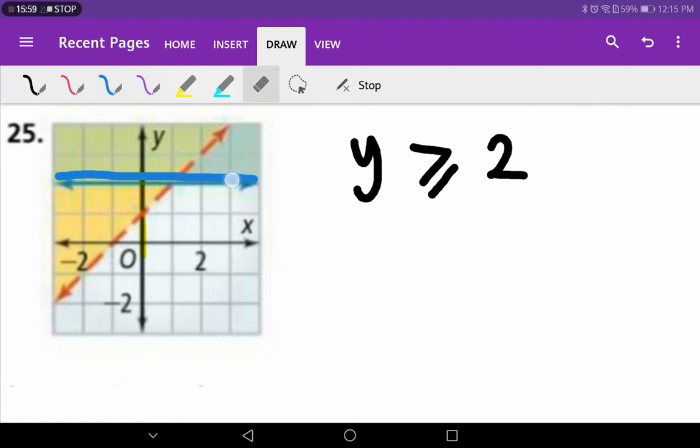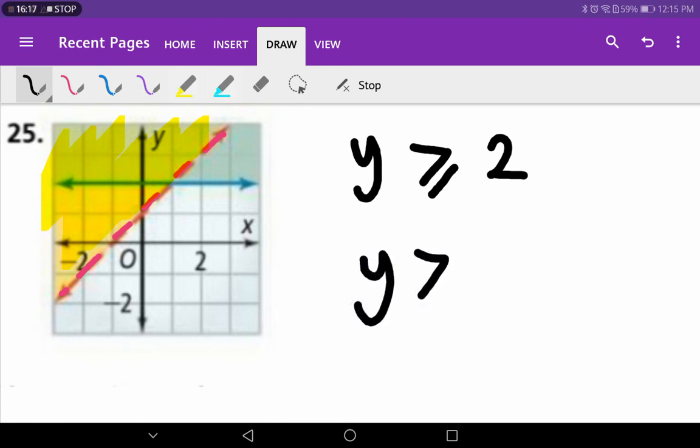Now the second line, which is this one, the dashes one here. It is dashes and it is above. Above means greater. So y greater, stop, no equal sign because it is dashes.